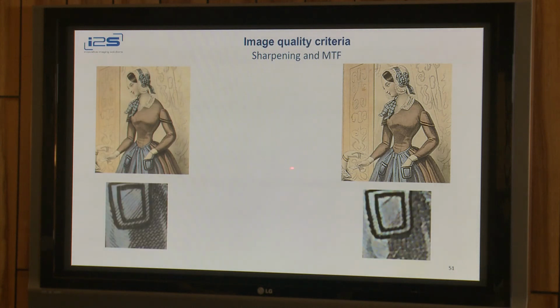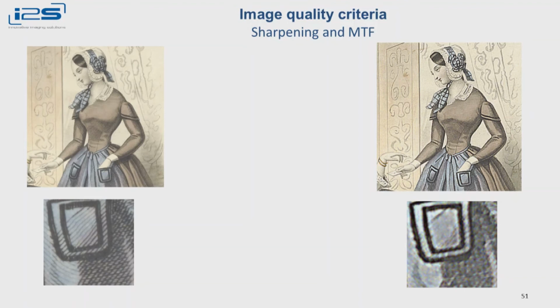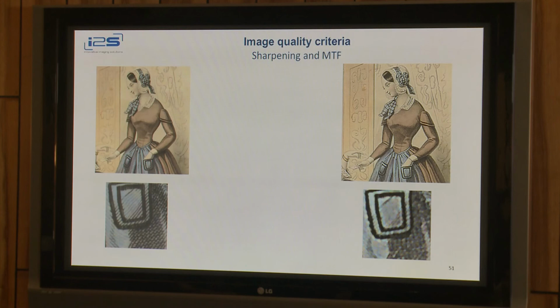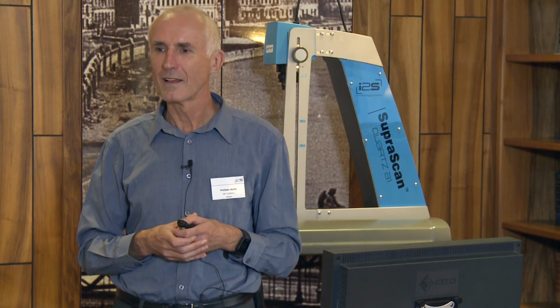But if you zoom in here you can see the lines, here you cannot. Okay, so which image is the best? This one is much better than this one.